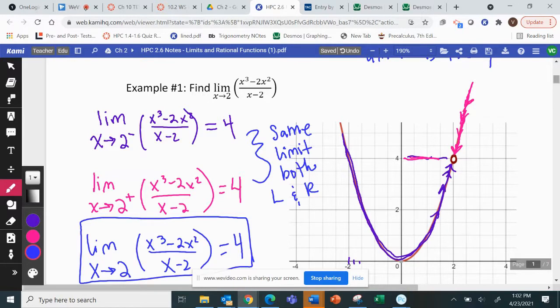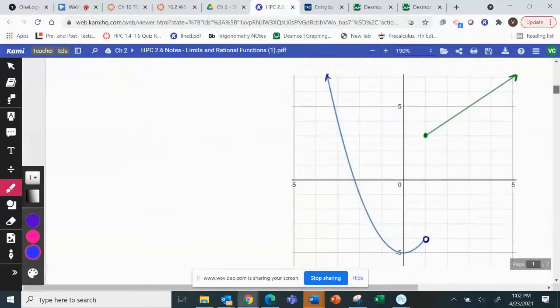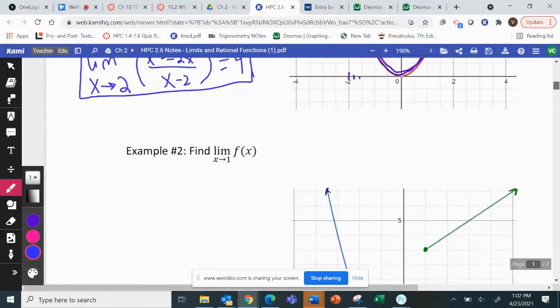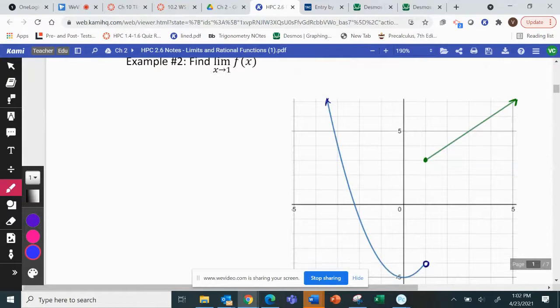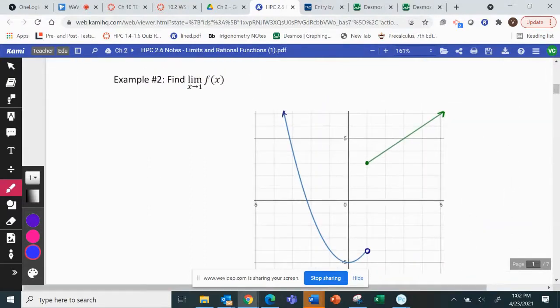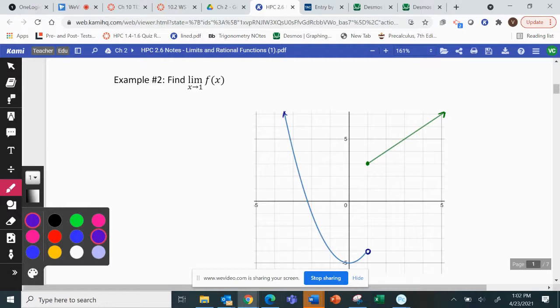Okay, so for the next one, I have another graph. I did not write the equation, but it would be a piecewise function. And in calculus, you do use a lot of piecewise functions. So I just wrote f of x for the equation. Excuse me. So we are looking to find the y when x approaches 1.